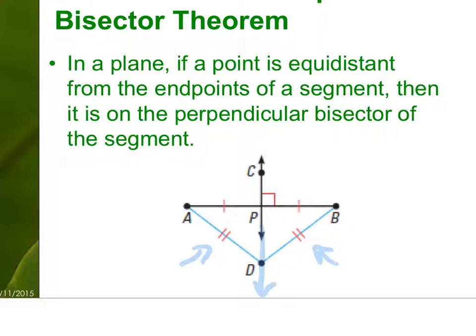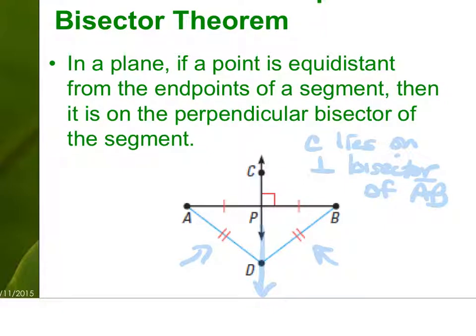So I could come up with a bunch of statements from this picture. I could say C lies on the perpendicular bisector of AB.